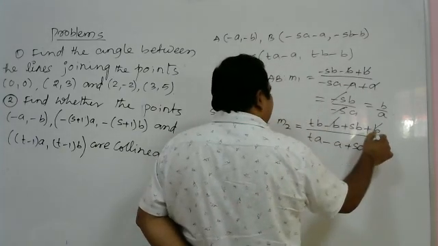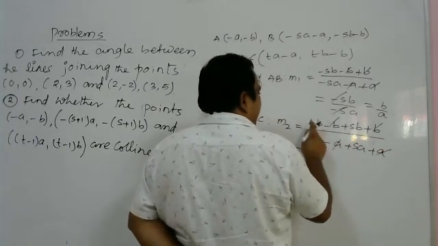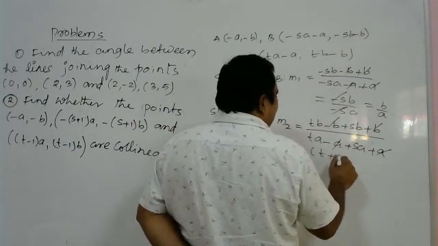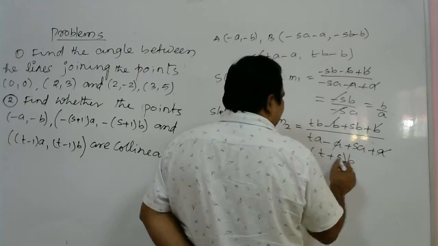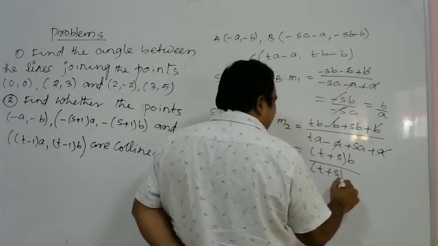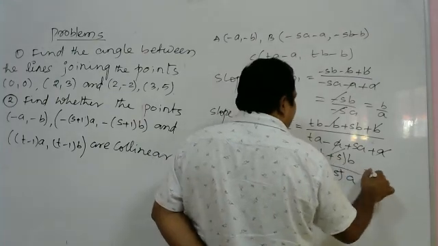So minus b plus b, minus a plus a. tb minus sb, so b comma t plus s into a. Here also a is common. t plus s into a. So t plus s, t plus s. Right?